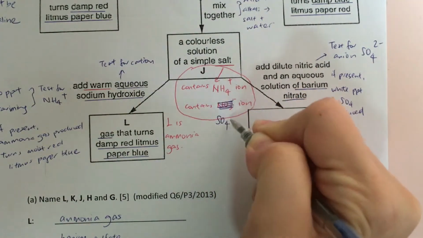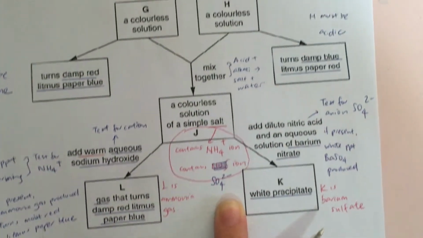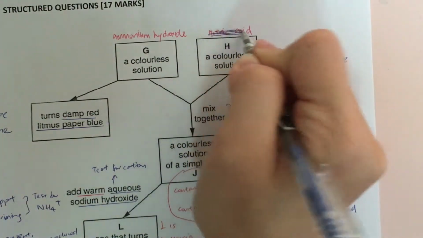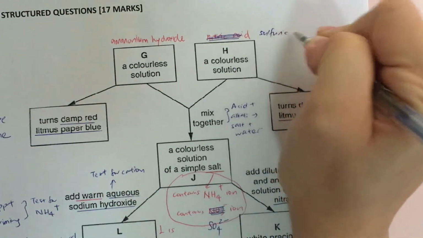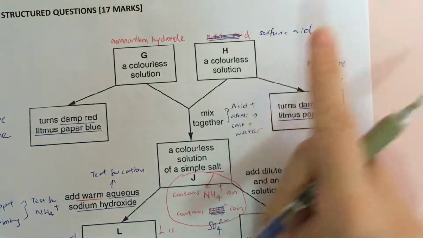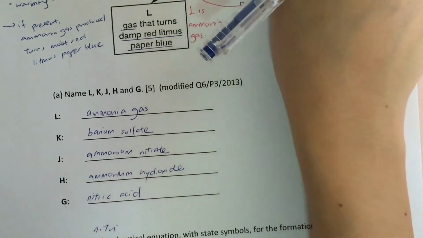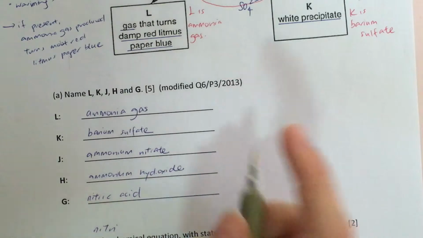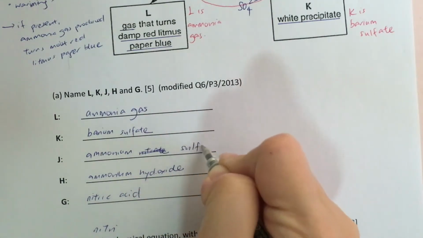So this is me being careless. Okay, so the answer for J is ammonium sulfate. So we go back and write the correct one for H. H is sulfuric acid. Please make the change accordingly. So J is now ammonium sulfate.